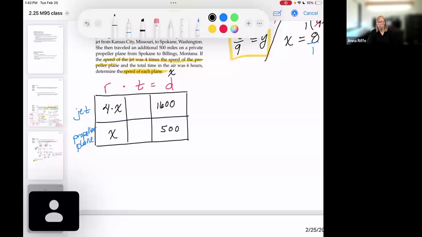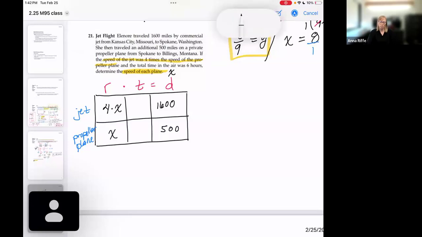So I could at least put something in my table to represent those two quantities. Does that part make sense?